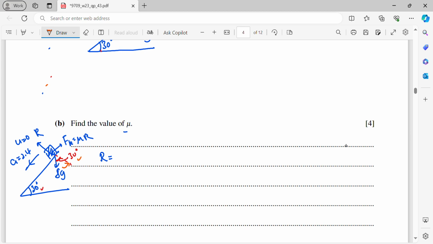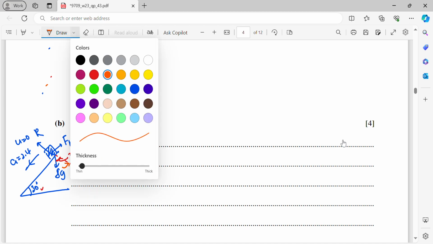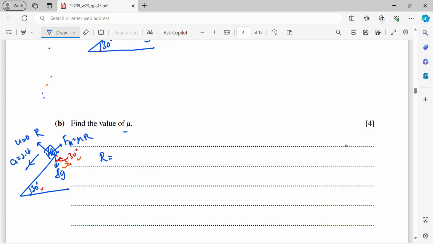Therefore, since you are using the given angle, we are using cos. So R is basically mg cos 30 degrees. Okay, so it will be 8, g is 10, cos 30 degrees is square root 3 over 2. So at last, I will be getting 40 square root 3. So that is my solution for the R.